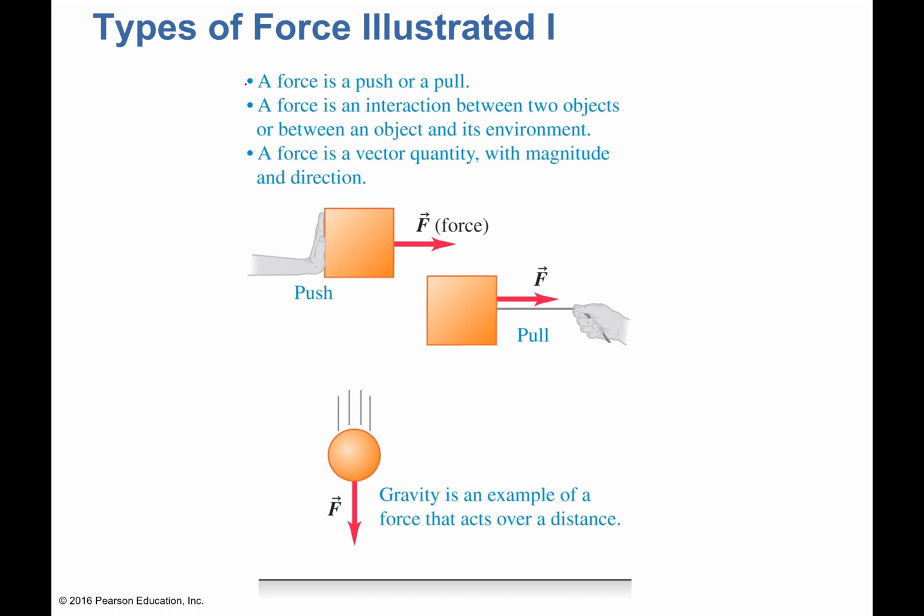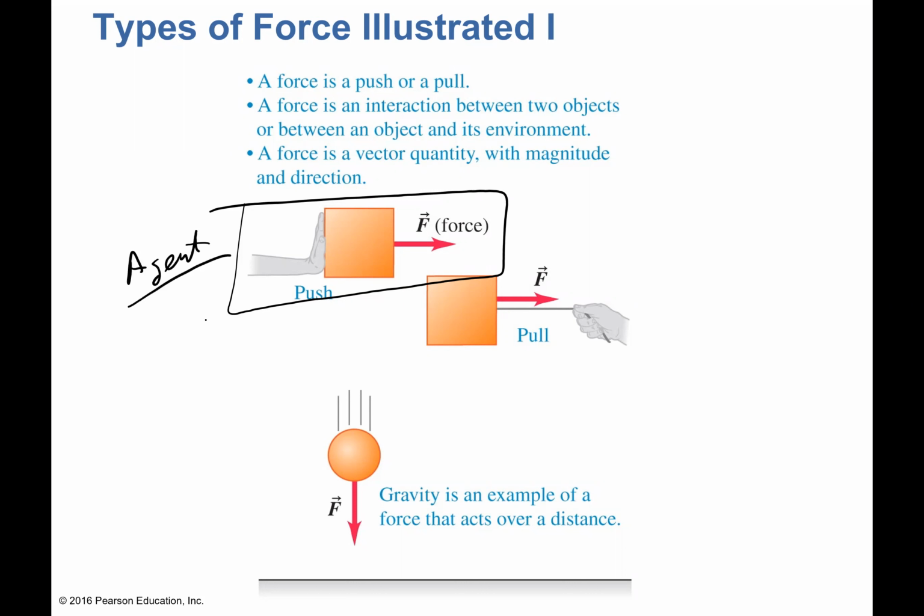Now, generally what happens here is this: force is an interaction between two objects. Let's say you have a box and a person who is pushing the box, and they're interacting. One way we separate those two is to define the one doing the pushing as the agent.